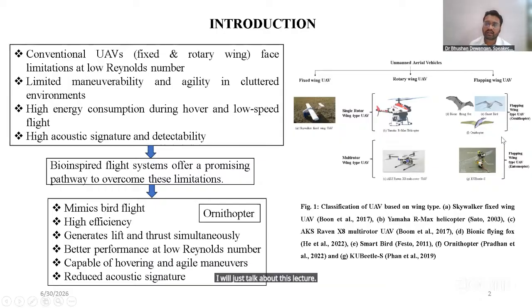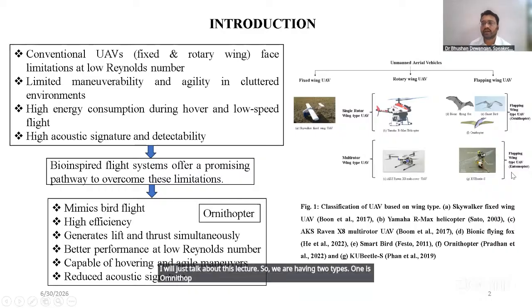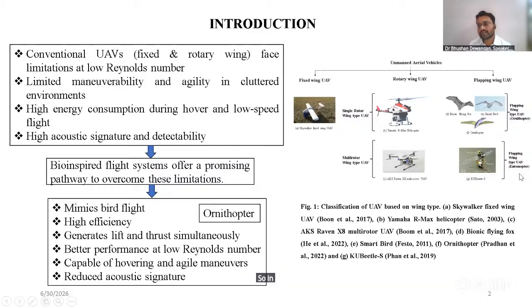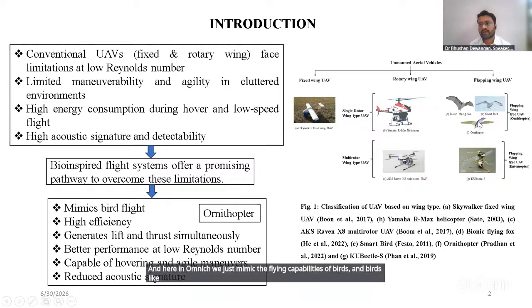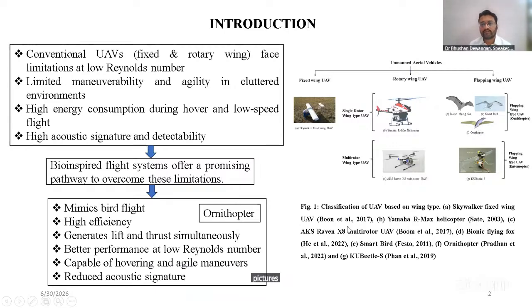We have two types: one is the ornithopter and the other is the entomopter. The entomopter mimics the flying capabilities of insects, and the ornithopter mimics the flying capabilities of birds and bird-like features. So this is a classification of UAVs based on wing type.